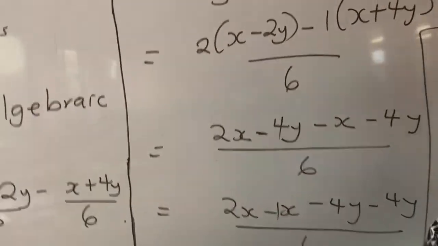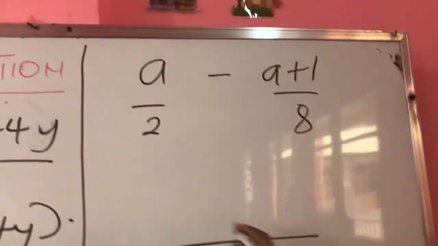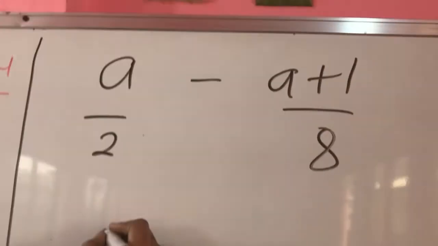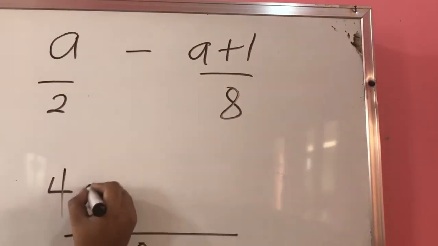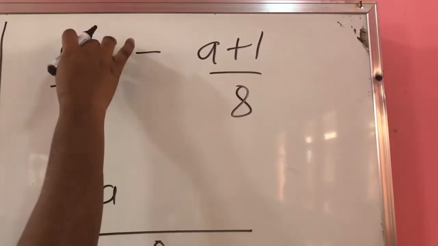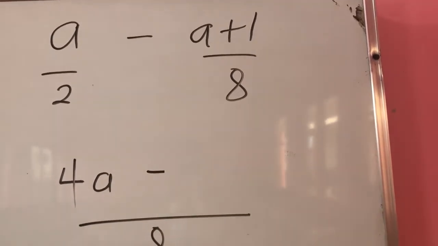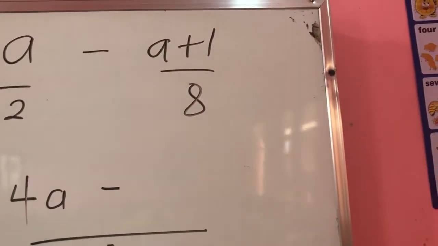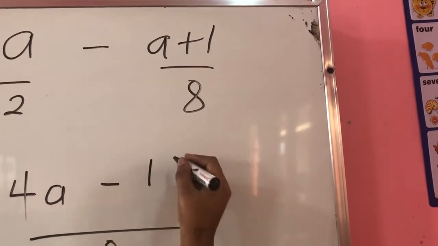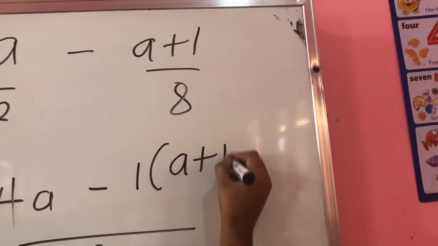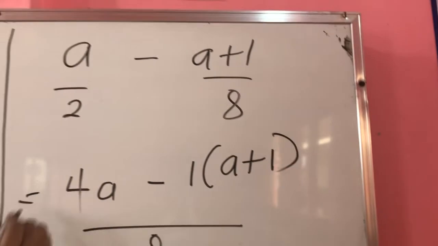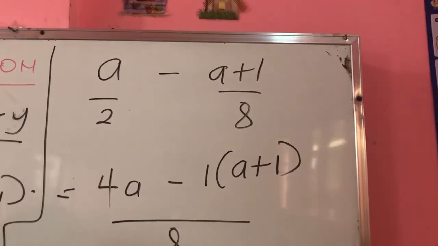What number times 2 will give you 8? 4. So you bring your 4 and you bring this a here. It's the only variable here, so you don't need to put it in bracket. Then your negative. What number times 8 will give you 8? 1. So you can bring your 1, then put your a plus 1, then so you have 4a.